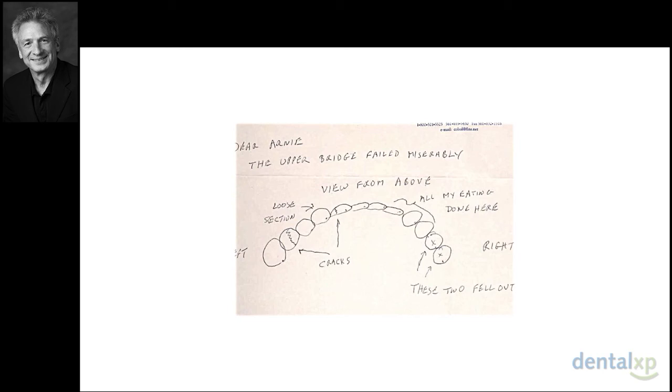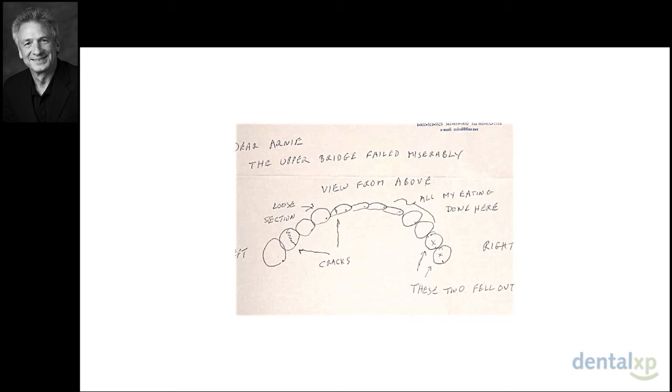So just before the patient was returning, the patient, who was a laser physicist, sent me this letter that says, "Dear Arnie, the upper bridge failed miserably. View from above, loose section, cracks, all my eating done here. These two fell out."